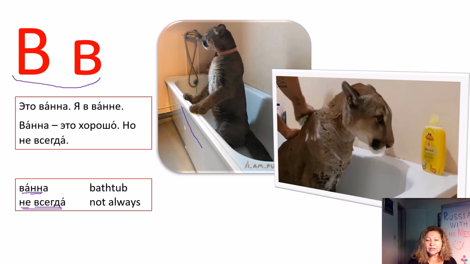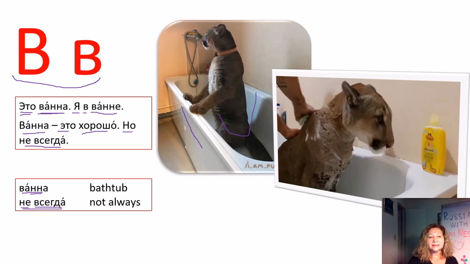And you will give me translation of Messi's monologue over here. Это ванна. Я в ванне. В ванне. Inside. In the tub. Да? Я в ванне. Ванна – это хорошо. Хорошо, но не всегда.